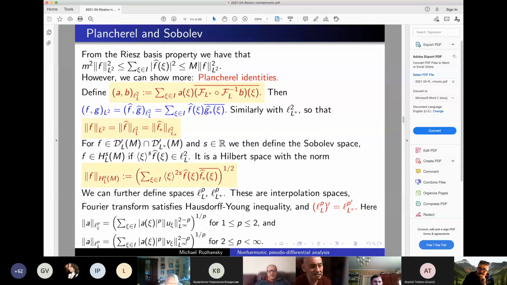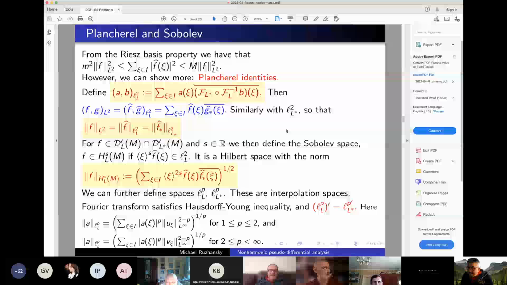We have this definition because then we have the Hausdorff-Young inequality, and we also have the duality that LP prime of L is equal to LP prime of L star, and many other questions. I see Ilya Livland in the audience here, who is a specialist in Fourier analysis.